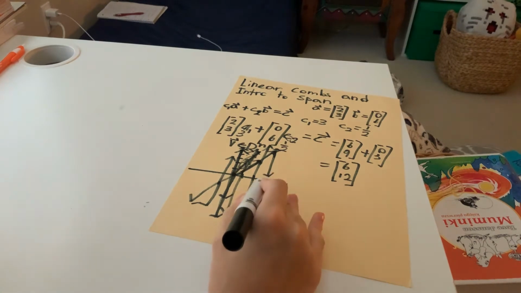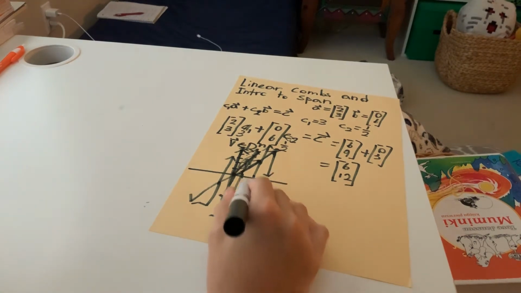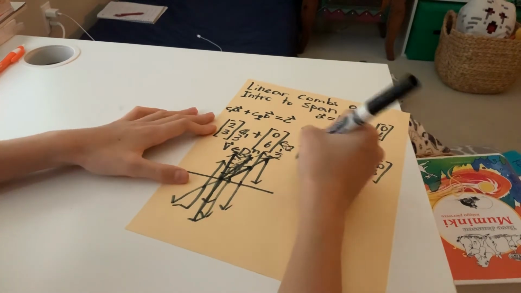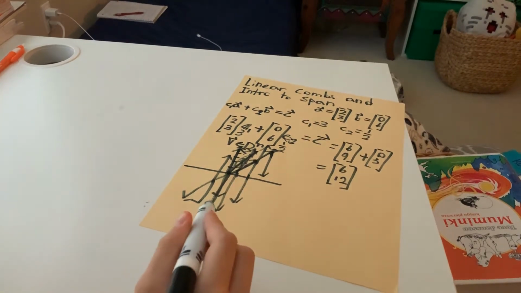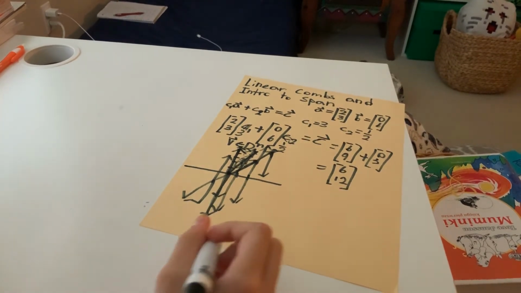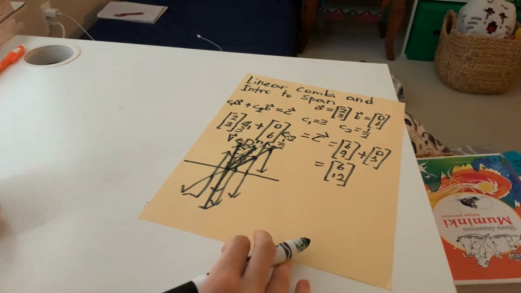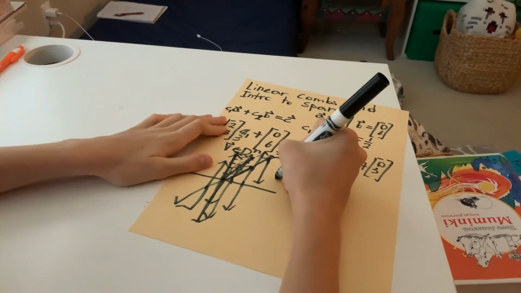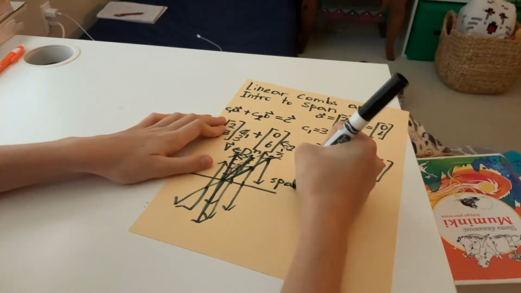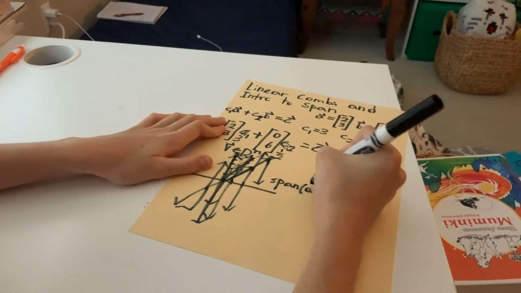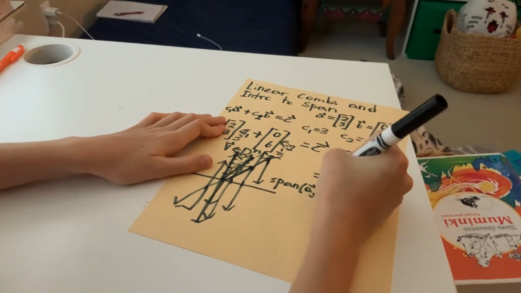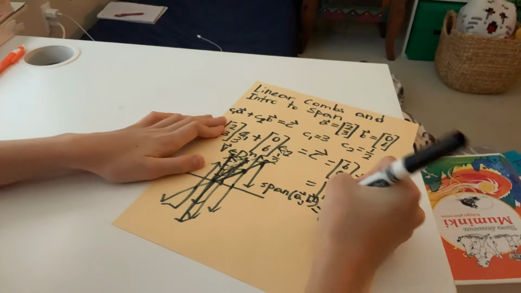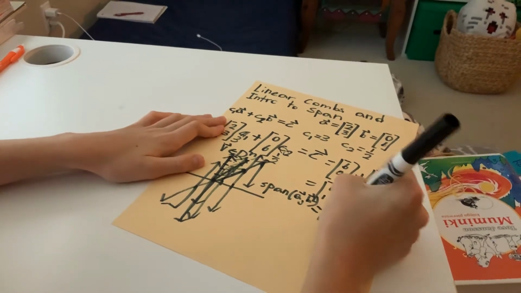that actually this spans the entirety of this R2 coordinate plane. Both of these vectors are in R2, of course. So the span of these vectors A and B is actually R2. Why?